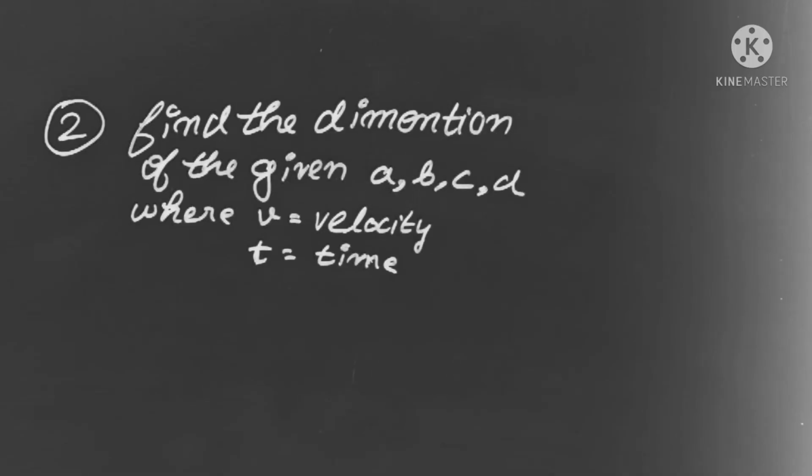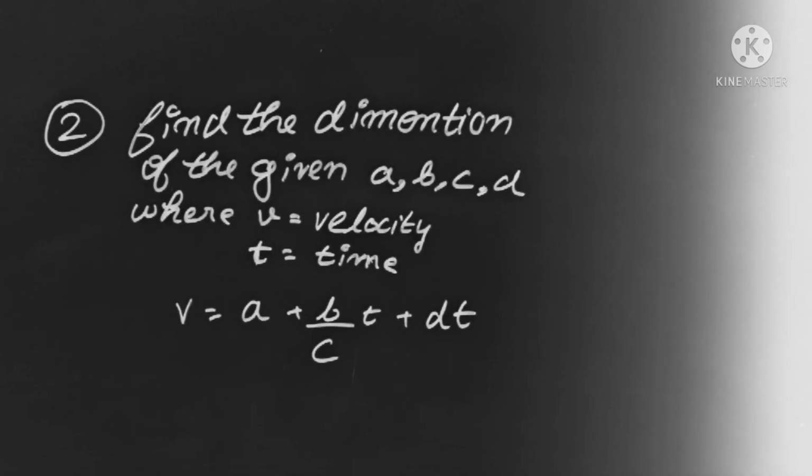Our question says that we have to find the dimension of the given A, B, C, D, where V is equal to velocity and T is equal to time. So let this be the equation. To find this, we will apply the principle of homogeneity.